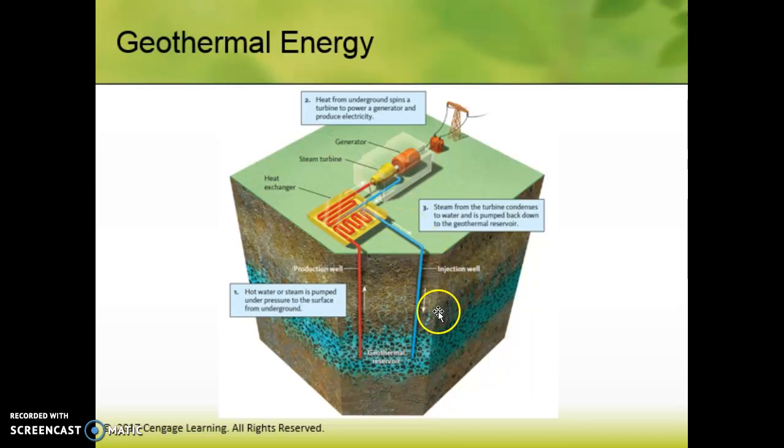Maybe we're adding steam, depending on the specifics of this individual site. As it enters this geothermal reservoir, we're going to get hot water and steam pumped up out of the production well, and that's going to move through this heat exchanger. The heat exchanger then is going to cause the turbine to turn and generate electricity that way.